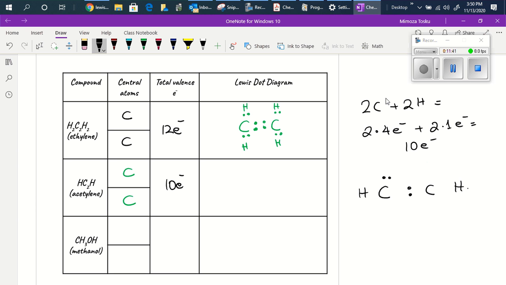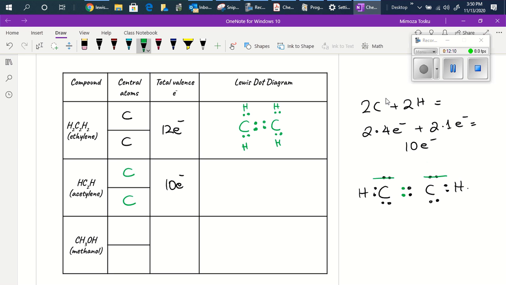So 2, 4, 6, 8, 2, 4, 6, 8. When we do so, the total number of electrons is 8, 10, 12, 14. Therefore, we erase 2 lone pairs and put them into a double bond.